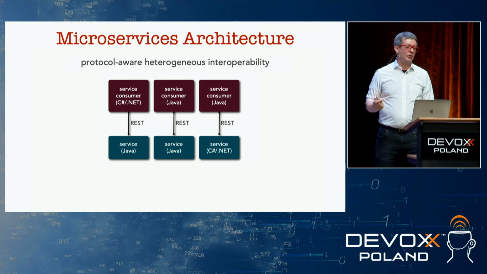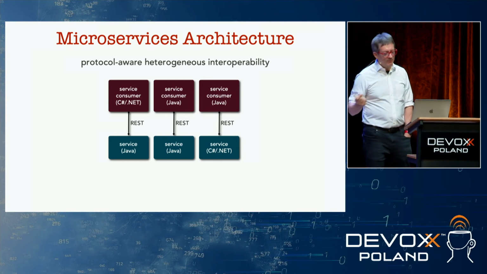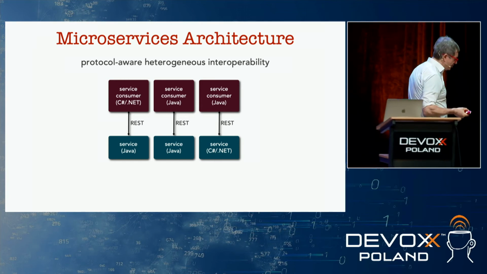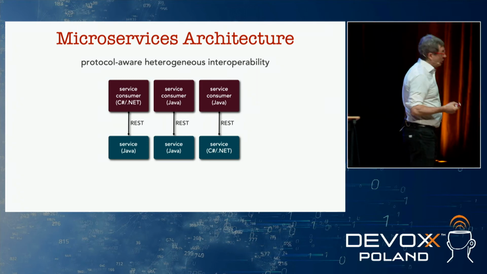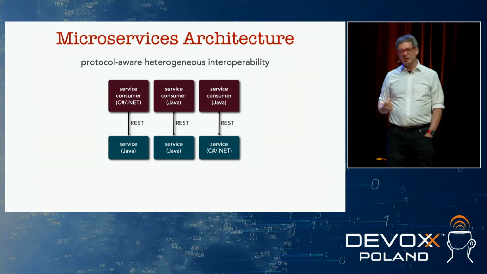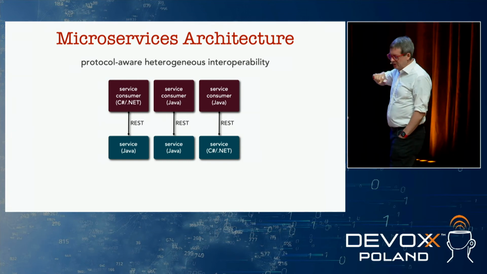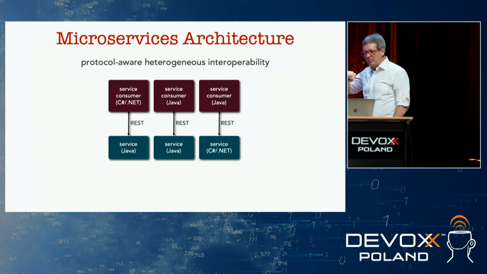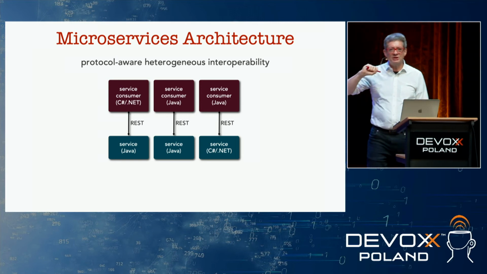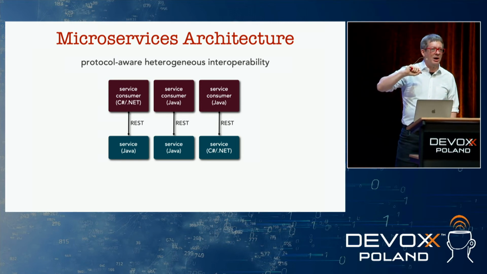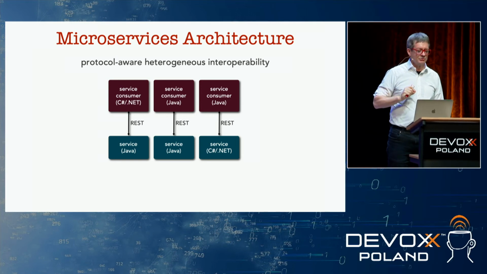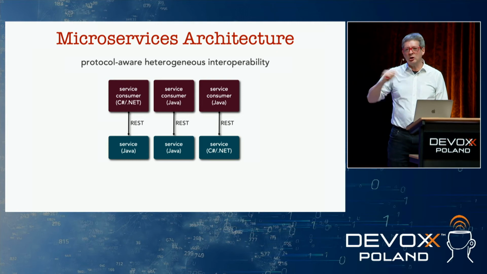Microservices give you protocol-aware heterogeneous interoperability. Now remember, our friend orchestration-driven SOA was protocol-agnostic heterogeneous interoperability. This is one less than that, because you tend not to build big giant coupling points like integration hubs in microservices, and so a common convention in this architecture is, well, these things know what protocol to call each other with.